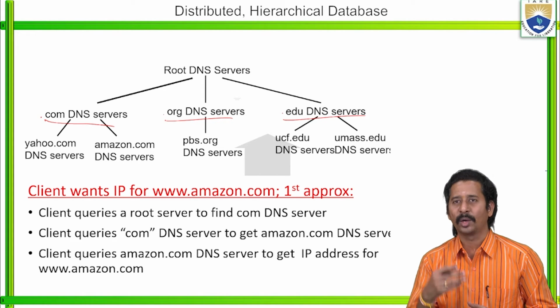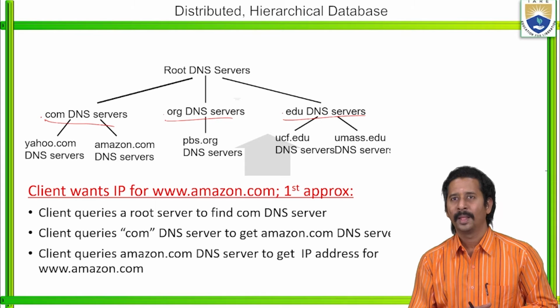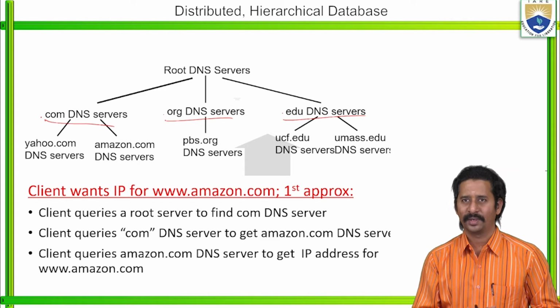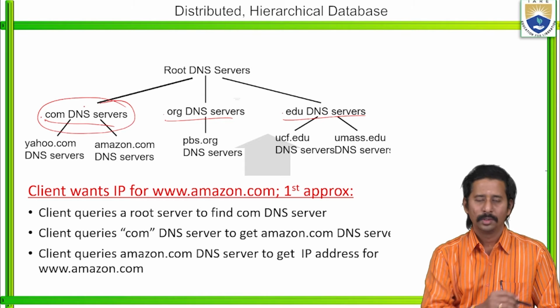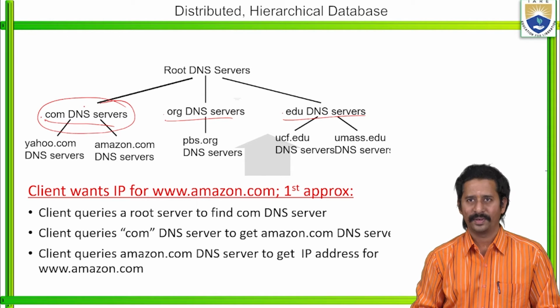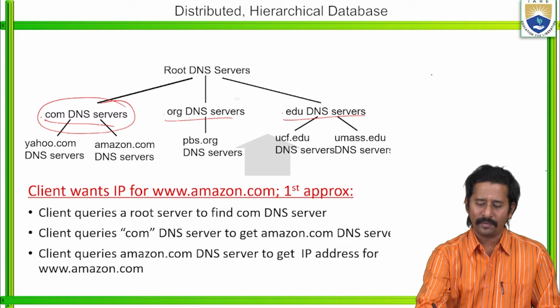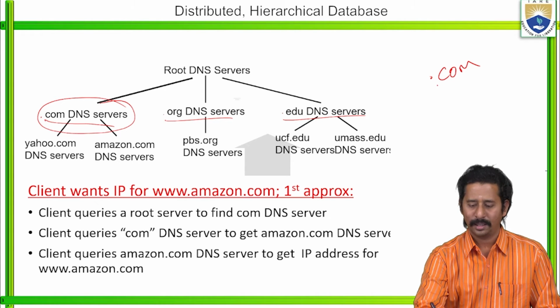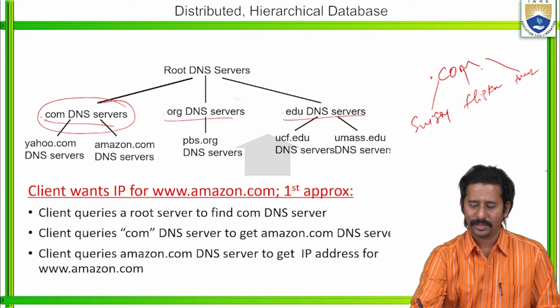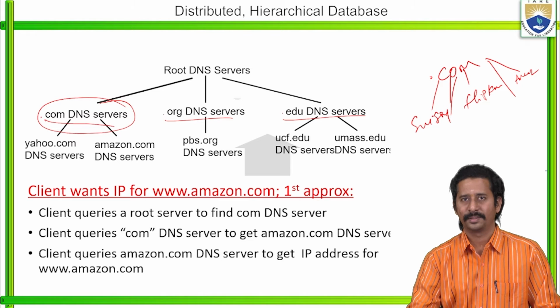So the client queries a root server to find a .com DNS server. See, that comes under this particular one, right? So .com DNS server. See, there are a number of .com DNS servers, like Swiggy, Flipkart, Amazon.